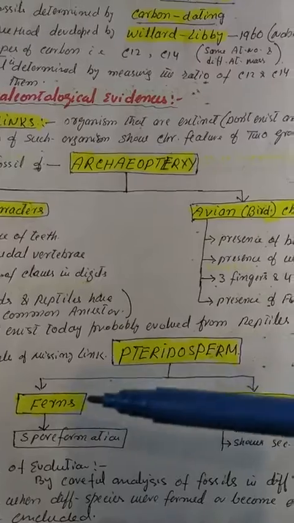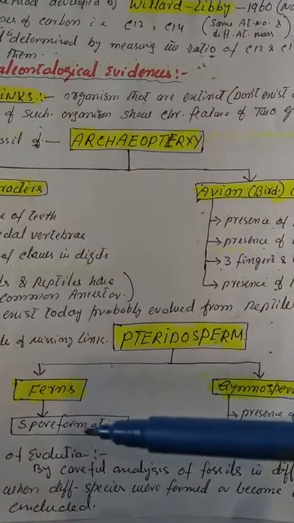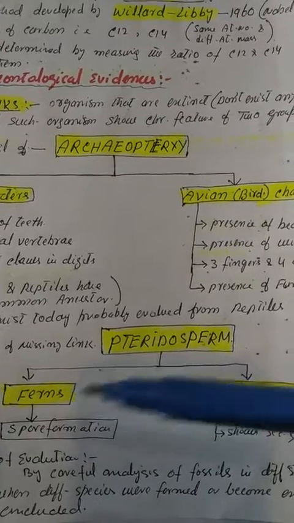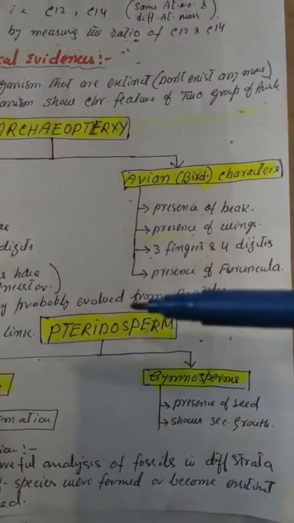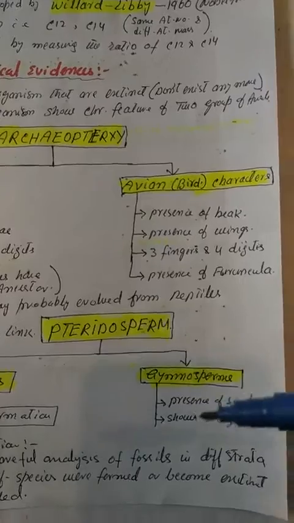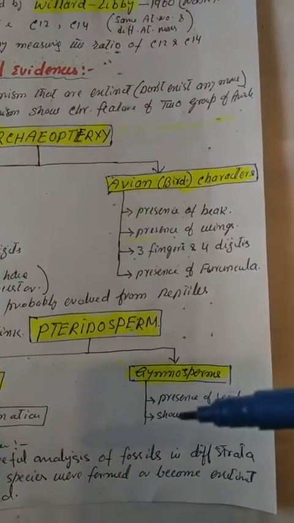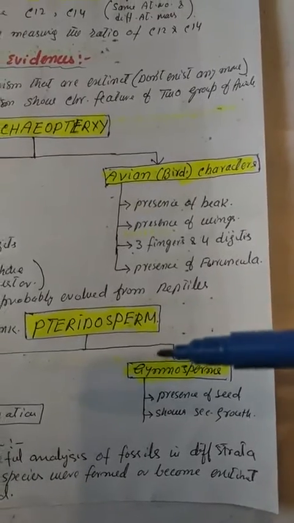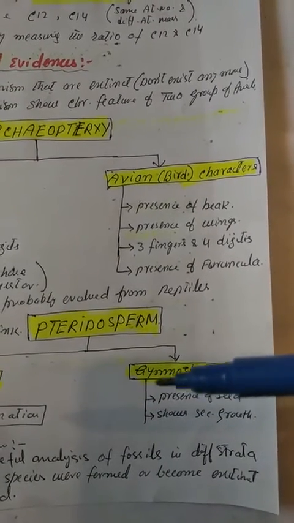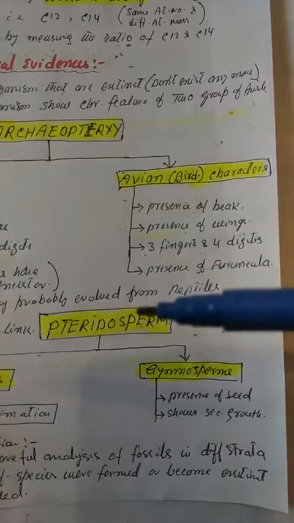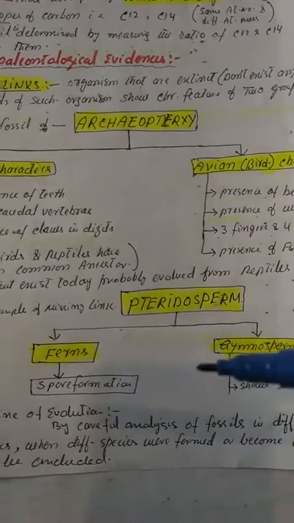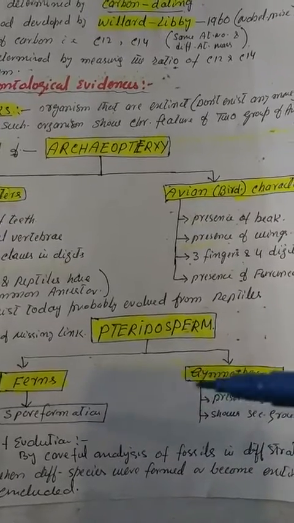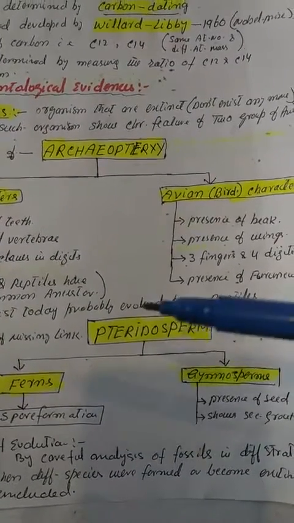Among fern characters, it shows spore formation, which is a very important character of ferns, and at the same time this fossil shows evidence that it had seeds and showed secondary growth, which are the characters of a gymnosperm. Now, this also shows that both of these groups might have a common ancestor.